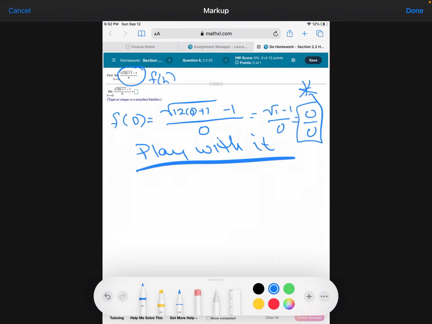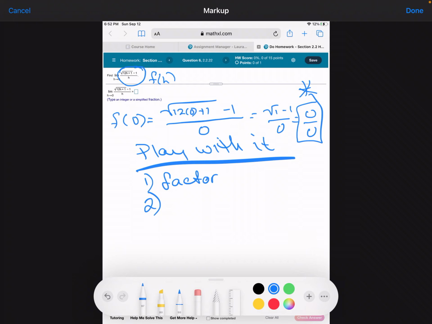Whenever you try to plug it in and you get 0 over 0, now remember, this isn't for piecewise. Piecewise you have to look at each side. But if you get 0 over 0, that means you can play with it. There's several ways we play with it. One of the first is to think about factoring.